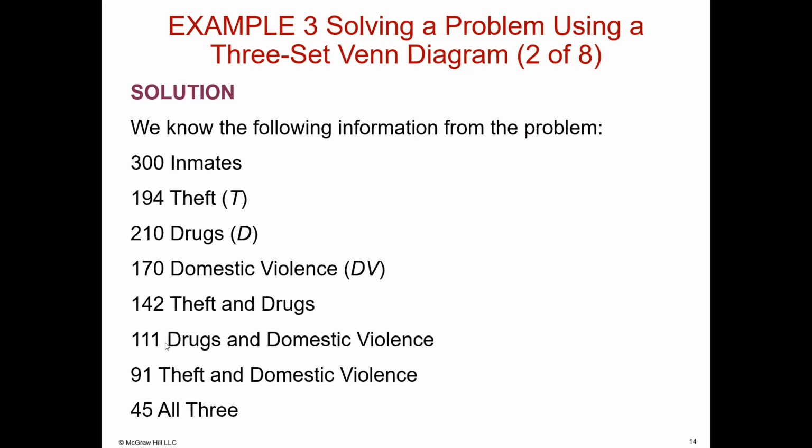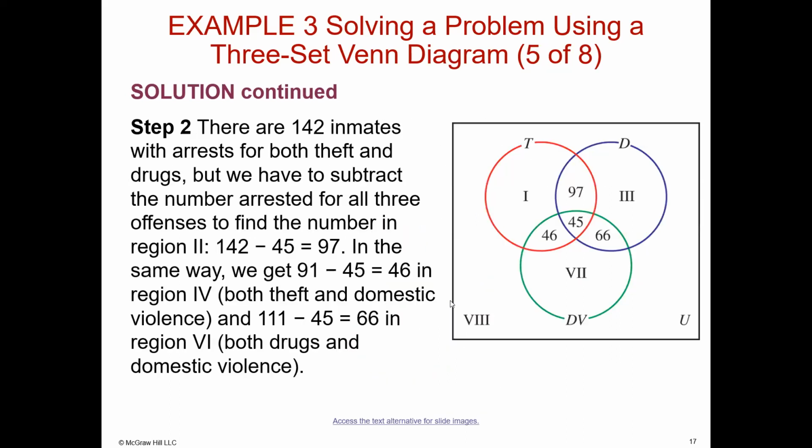Now 111 were charged with drugs and what? Domestic violence. 111 drugs and domestic violence. Well, we already accounted for how many for drugs and domestic violence? 45. You agree? Yeah. We already accounted for 45 of them for drugs and domestic violence.